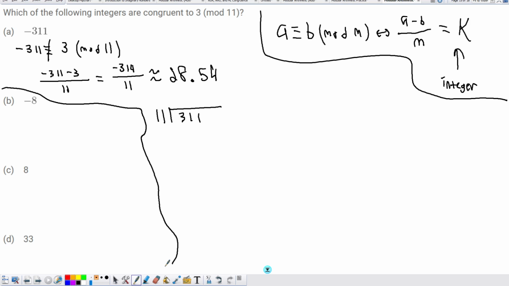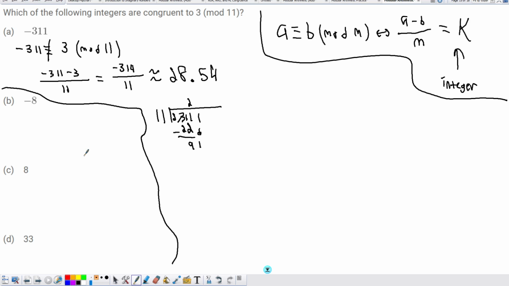Divide this out. How many times does 11 go into 31? It goes in twice, for 22. And of course, 31 minus 22 is 9. Drop the 1 down, and we get 91.